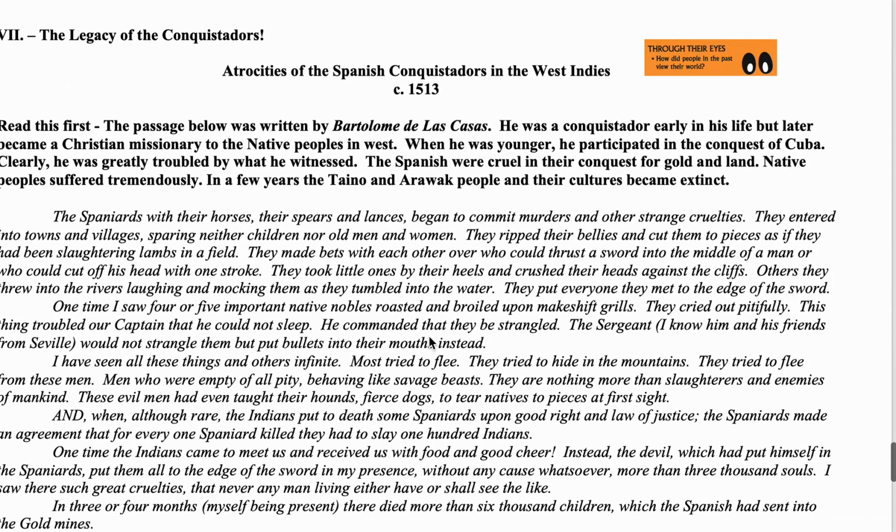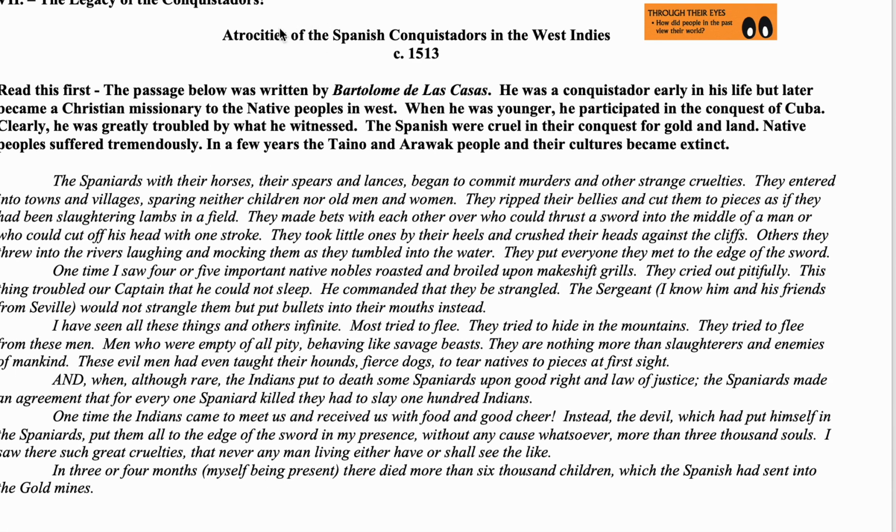Okay, finally, with 7 here, this is just an introduction. This is the actual, all the italicized is the actual primary source from a man named Bartholomew de las Casas, and he witnessed atrocities committed by his fellow countrymen.